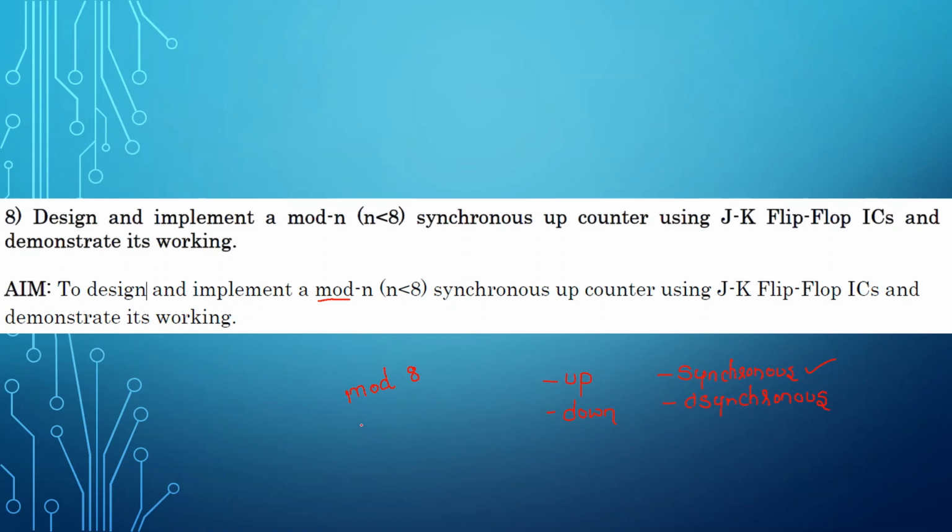Then my counter will be counting 0, 1, 2, 3, 4, 5, 6, 7 and again back to 0 if it is an up counter. So it is 1, 2, 3, 4, 5, 6, 7, 8 counts. So mod stands for the number of counts your counter can count, and you can decide the maximum count your counter needs to count.